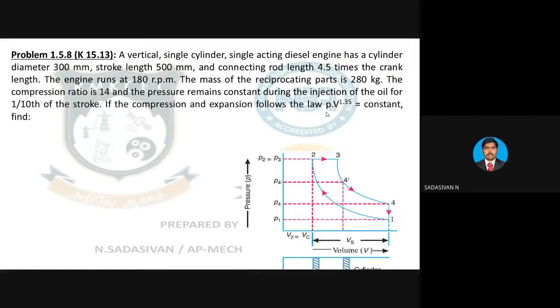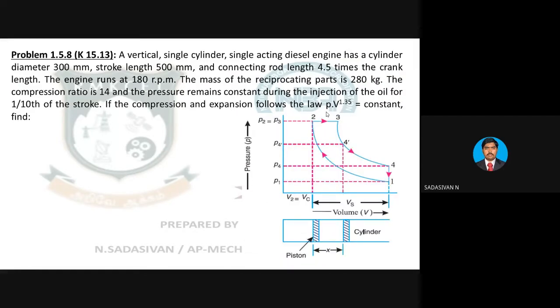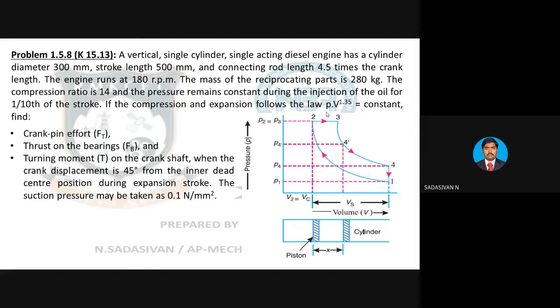Fine. So this is a PV diagram of the given single cylinder diesel engine. The PV diagram is given to you for reference. In the exam, it may not be given, so you should get used to the problem by then. These are the things you have to find out: crank pin effort Ft, thrust on the bearings Fb, and turning moment T on the crankshaft, when crank displacement theta is 45 degree from the inner dead center position.